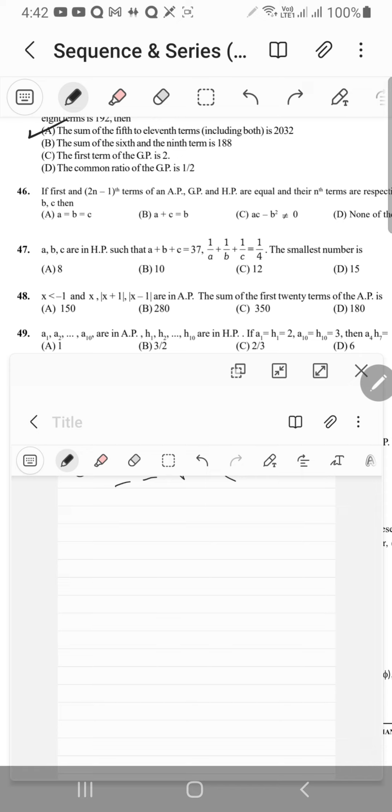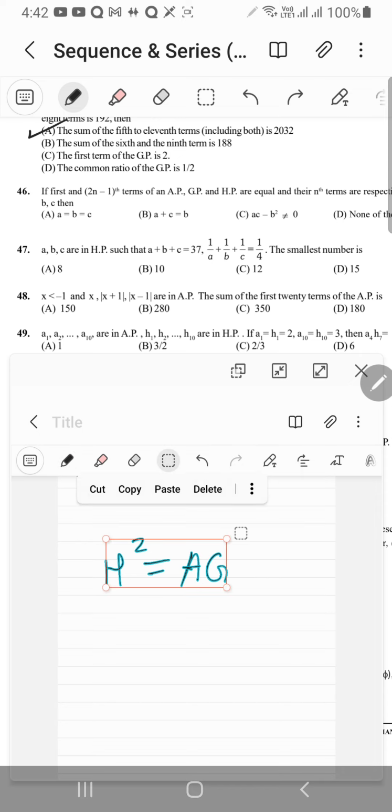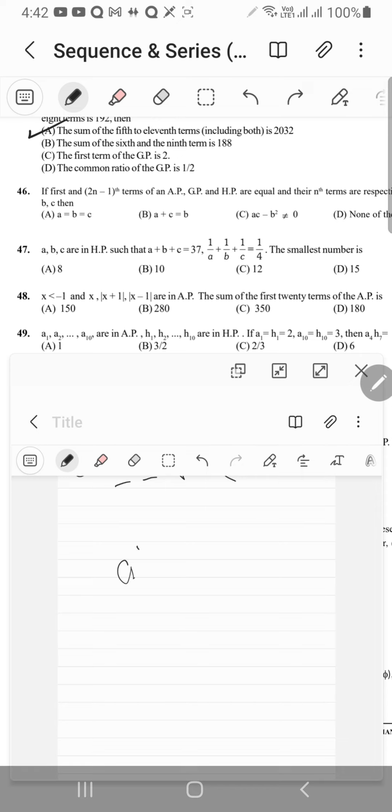Yeah. So once again, harmonic mean squared is arithmetic mean times geometric mean. No, wait, no. The geometric mean squared is the harmonic mean times the arithmetic mean. Yes, that's better. Cool.